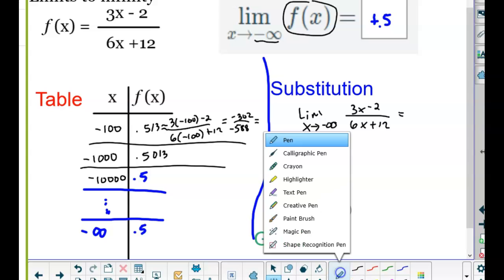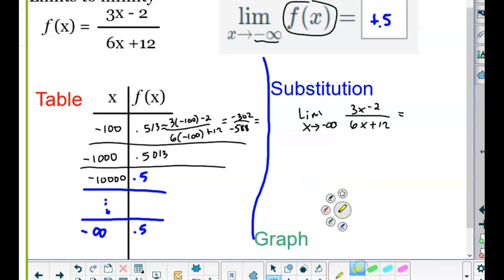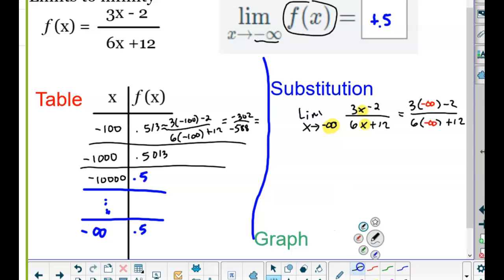So here's what we're going to do. Since x is approaching negative infinity, and I have two spots where there's going to be an x, what if I just plugged in negative infinity? Now you have to think conceptually here to do this.